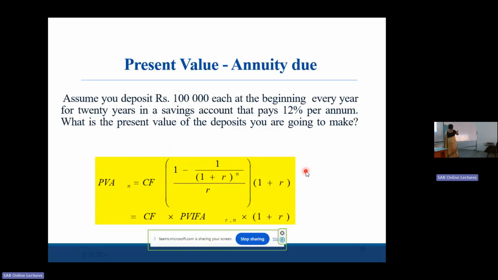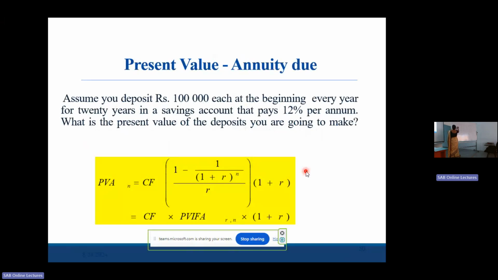Suppose you are not aware of the formula. What you can do is discount each cash flow to the present and get the total. In this case, this is the ordinary annuity. You may discount this 1000 for 1 year, this second one for 2 years. This is end of year 3, so discount for 3 years.